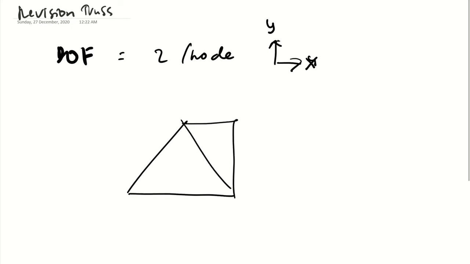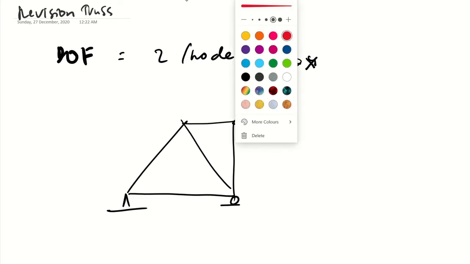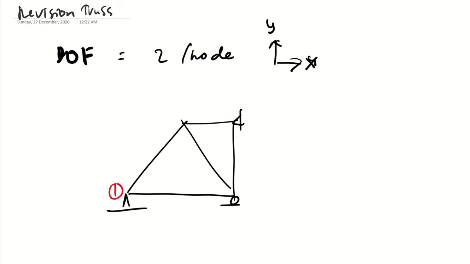So basically, if we have a truss like this, there are nodes 1, 2, 3, 4. There are 4 nodes.